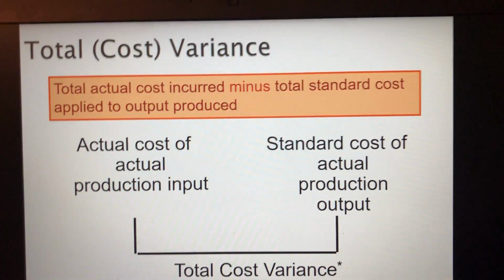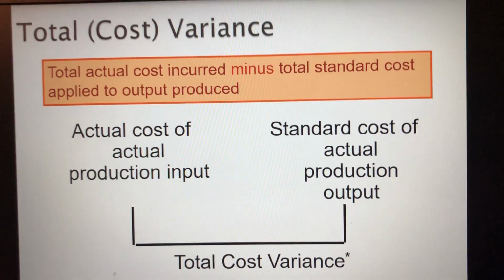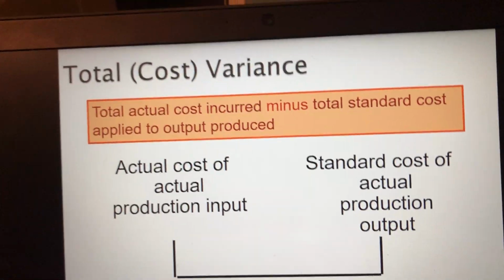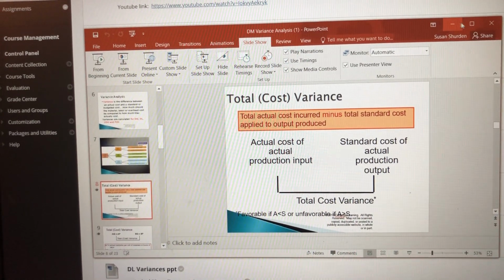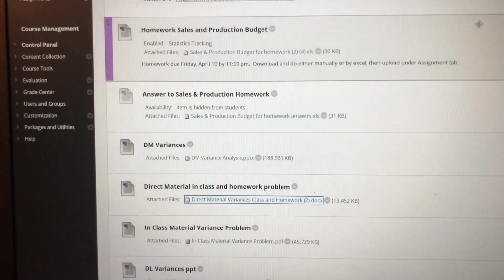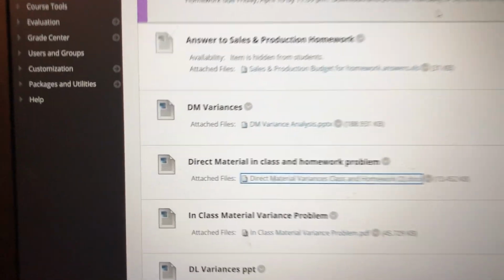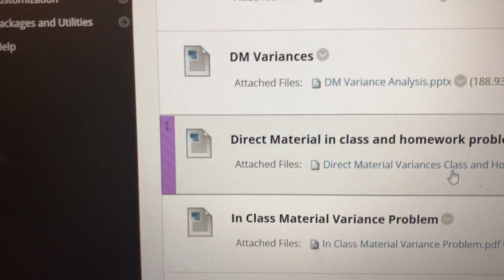So what I want you to do is we're going to pull up the class problem. Let me escape this view and minimize this and show you where the problem is. You need to go to the in-class and homework problem and pull that up.